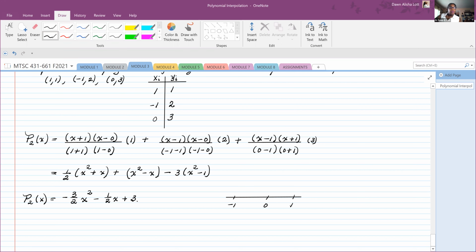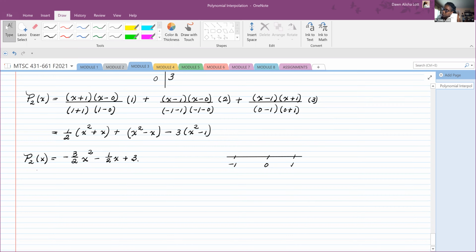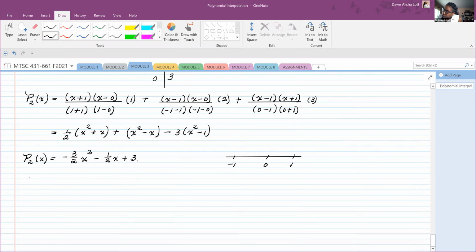So I can use this. So now if I want to find P2 of a half, I can interpolate what P2 of a half would be, because 1/2 is inside the domain of the smallest to the largest value of X.